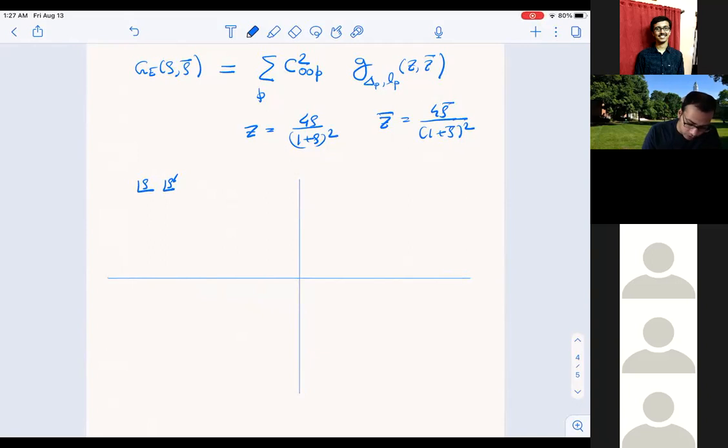So both for rho and rho bar, as a function of complex rho and rho bar, this correlator has branch cuts from 1 to infinity and from 0 to minus infinity. And this is the Euclidean regime between these two branch points.